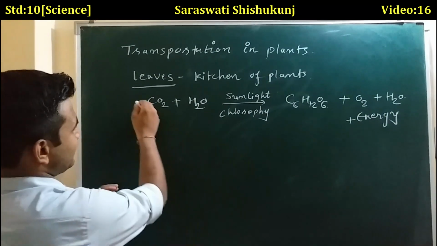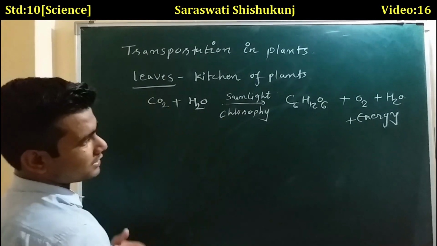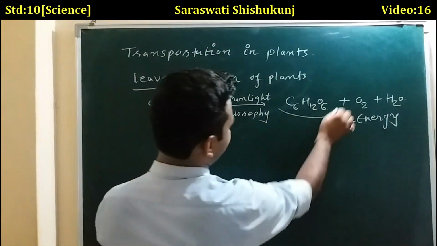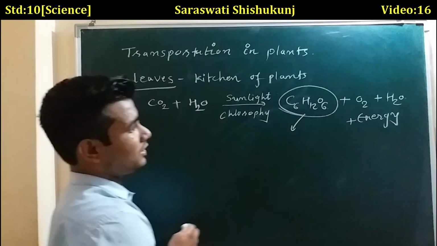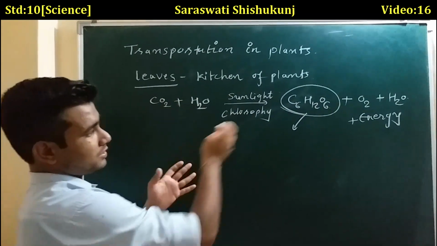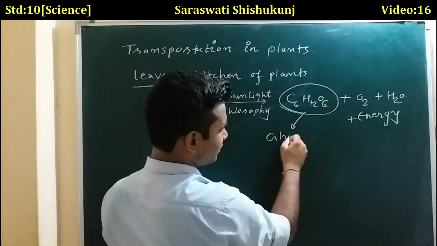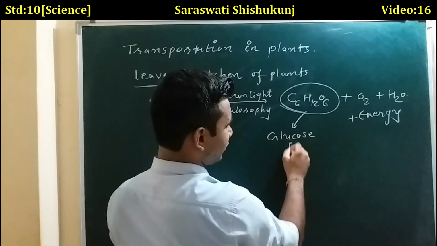So as we have studied all this, here in the process of preparation of food we have not balanced the equation because we just want the concept. So here this is our glucose, it is the food.